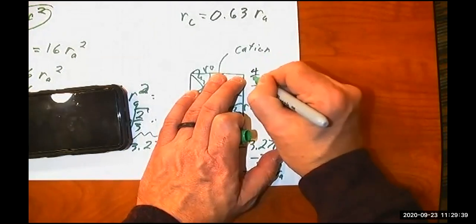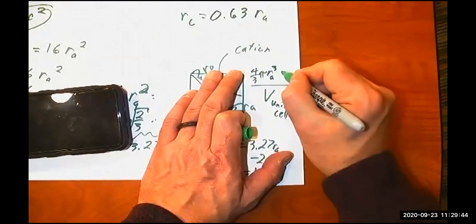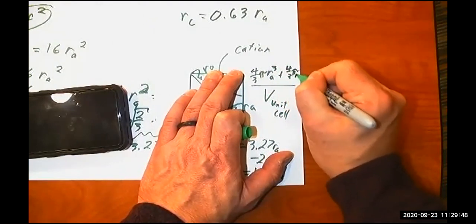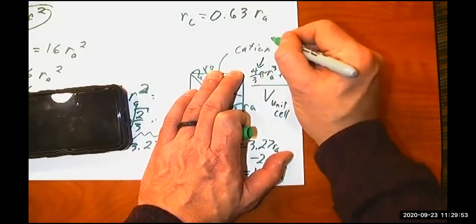So 4/3 pi radius of the anion cubed, plus the same thing for the cations, 4/3 pi radius of the cation cubed. And each of these are now going to be multiplied by how many anions are in that unit cell and how many cations are in that unit cell. And that then will give you the packing density for the resulting ionic compound.